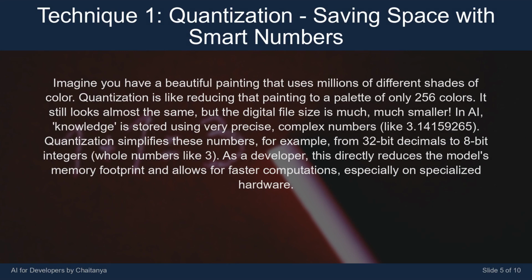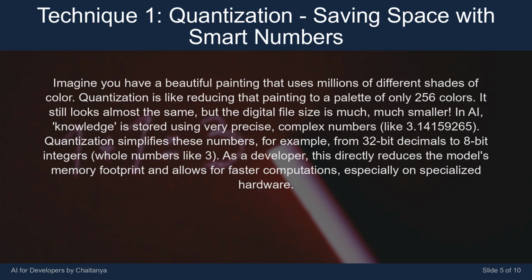Imagine you have a beautiful painting that uses millions of different shades of color. Quantization is like reducing that painting to a palette of only 256 colors. It still looks almost the same, but the digital file size is much smaller. In AI, knowledge is stored using very precise, complex numbers, like 3.1415925.